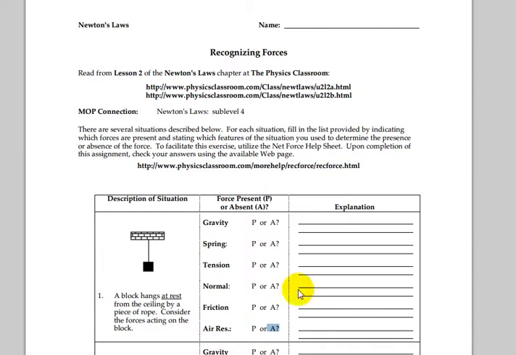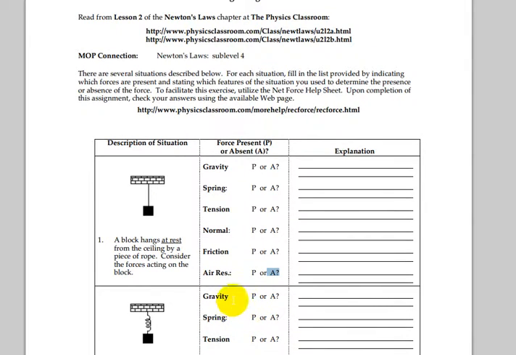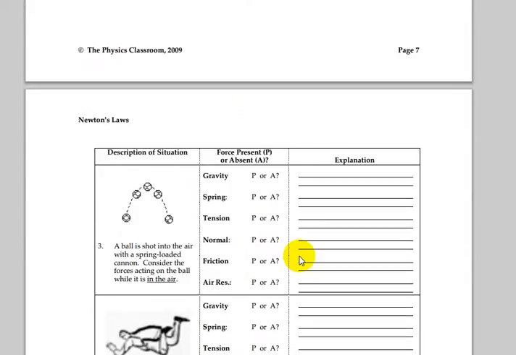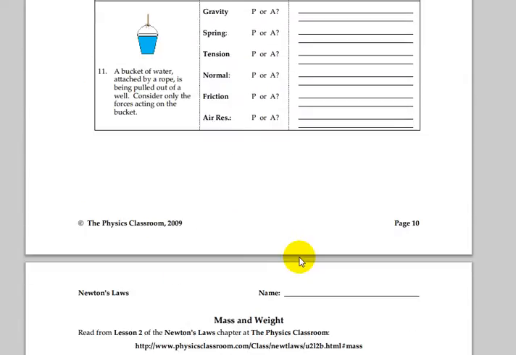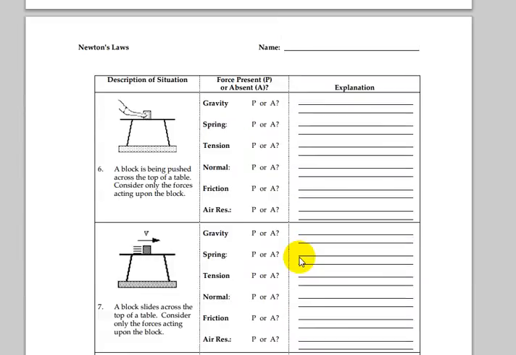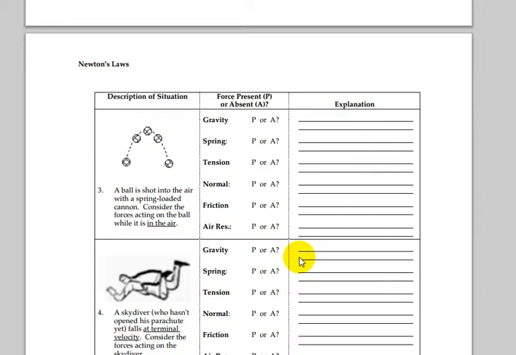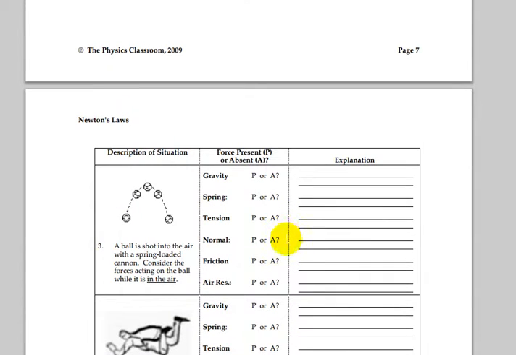It's not moving, so we can say it's absent there. Okay, so that's what you have to do for each of these. Highlight each of these and write just a quick little blurb about what you think is going on. Try your best with that, and if you're having any trouble, just come to me and we'll take a look at what's going on.